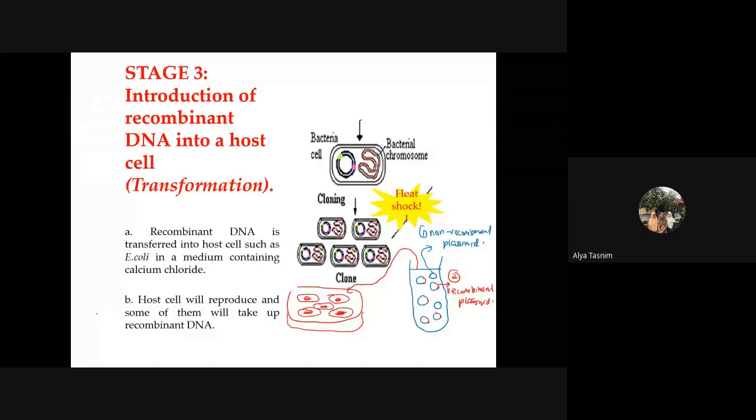So bacterial cell ni sama ada dia punya outcome dia, okay, that does not take any plasmid. Okay, ini adalah satu possibility outcome yang akan hasil.